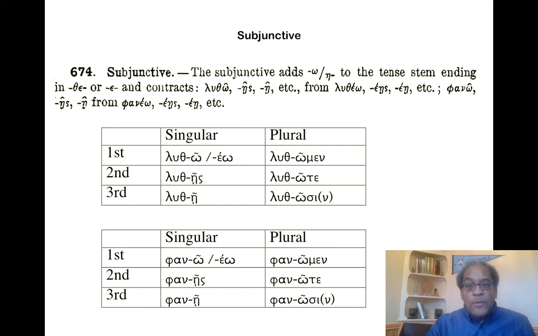So you end up with lythō, lythēs, lythē, lythōmen, lythēte, lythōsi. And banō, banēs, banē, banōmen, banēte, banōsi. And always remember, the subjunctive does not have the augment.